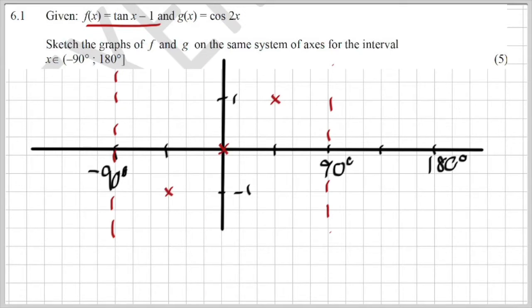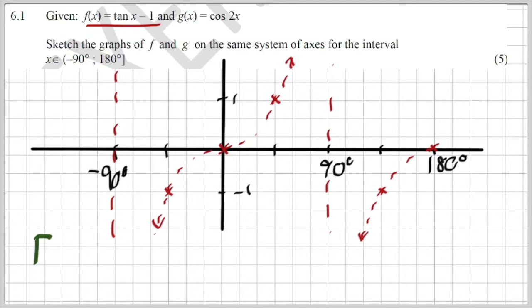Now, I know there's a -1 there. Please get that. I know there's a -1. But let's just first plot the normal tan x graph. So the tan x graph looks like that, with intervals every 45 degrees. Where do those intervals come from?